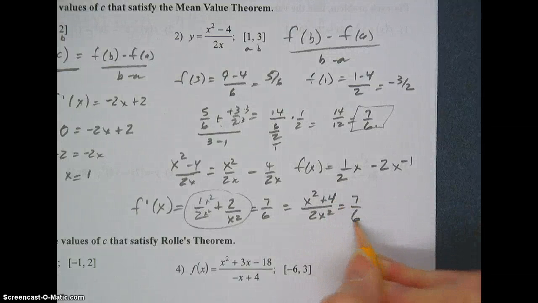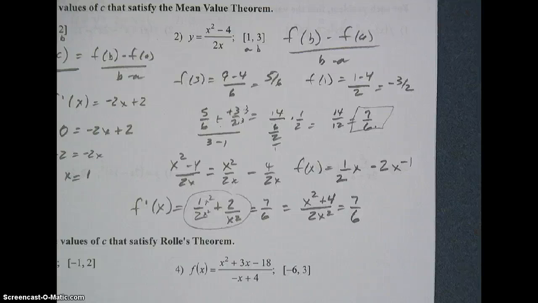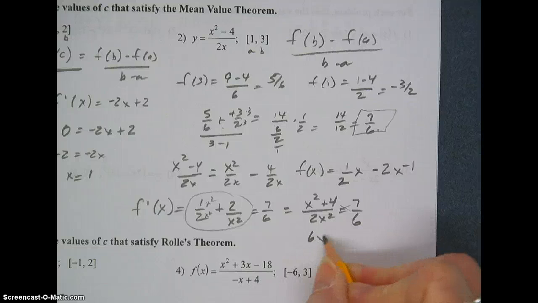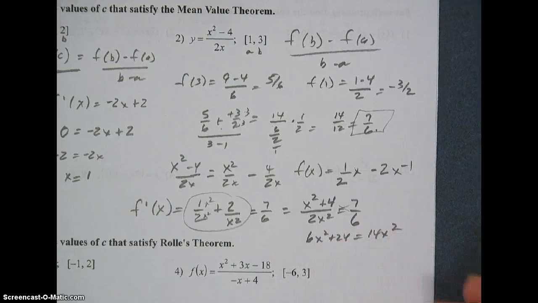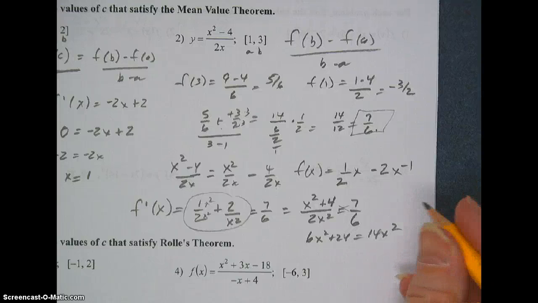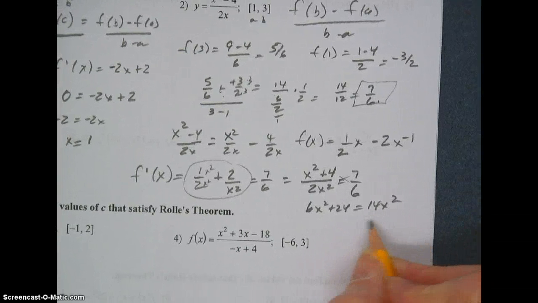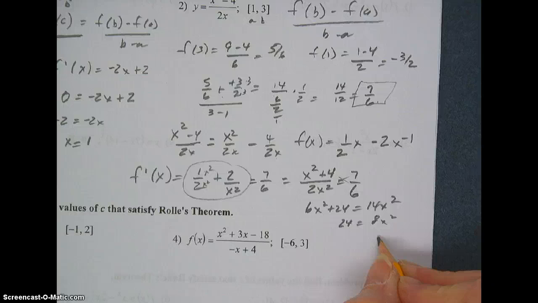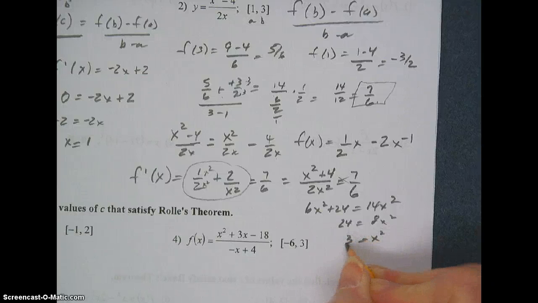Setting this equal to 7/6, a fraction equal to a fraction, we'll cross multiply. So we'll get 6x squared plus 24 equals 14x squared. Remember, we're finding x squared. So we get 24 equals 8x squared, or x squared equals 3.